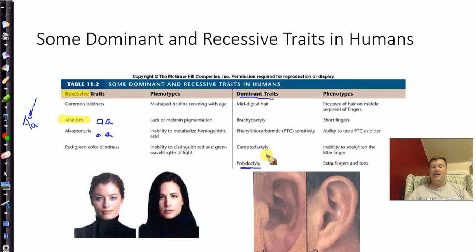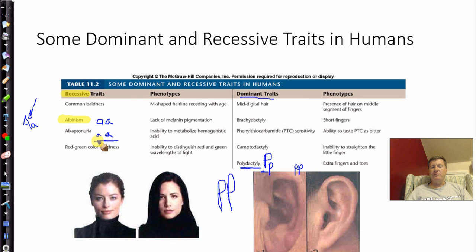So that means if I have a big P and a little p, then you would have the condition polydactyly. The only way you would not have it is if someone was a little p and a little p. Because if they have one dominant allele, one dominant version, they have the trait. So of course someone who was big P would also have polydactyly.